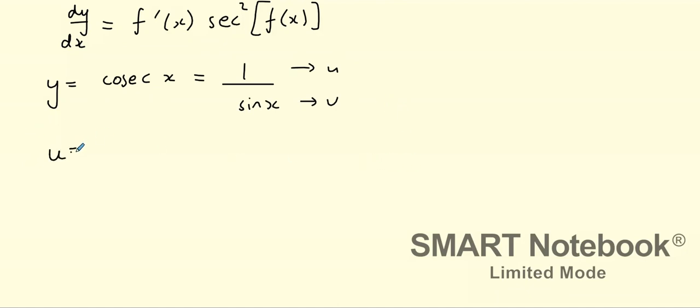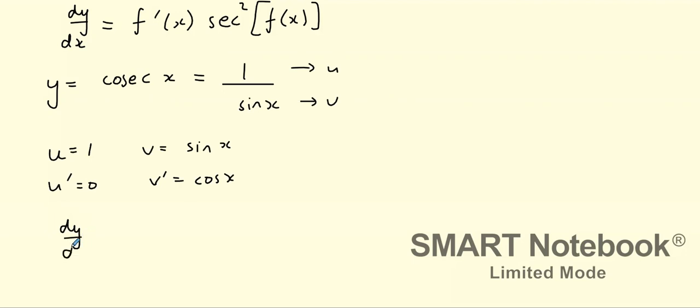So I can say u equals 1, u dash will be 0, v equals sine x, and v dash equals cos x. Now at this stage, we can use the quotient rule.